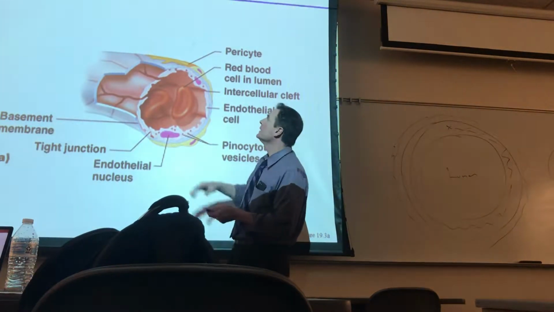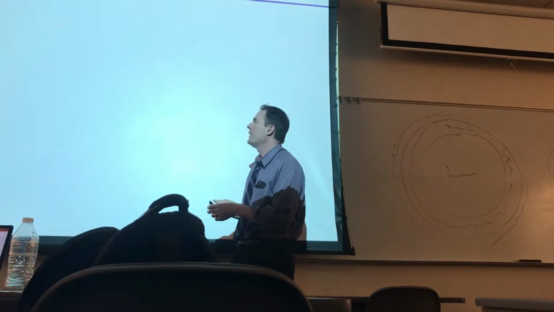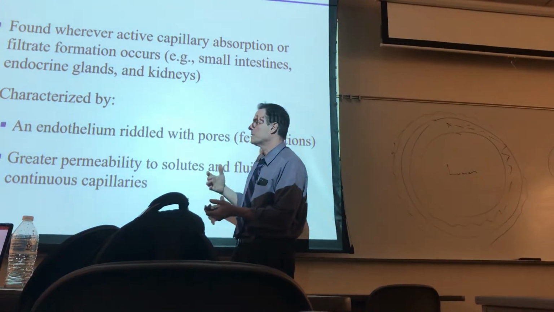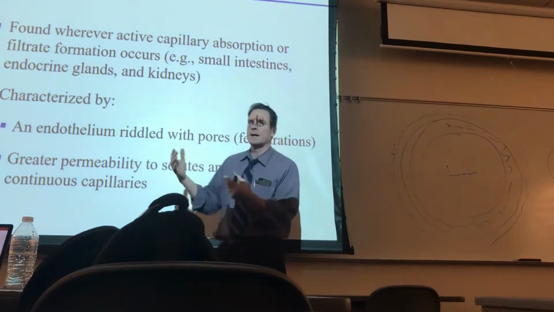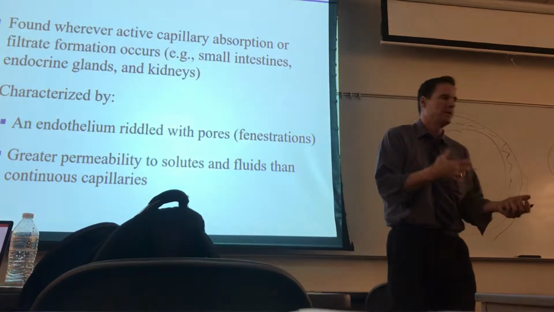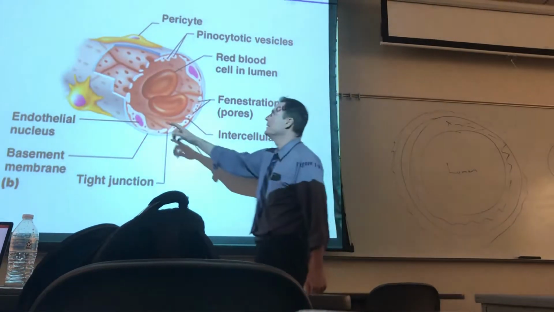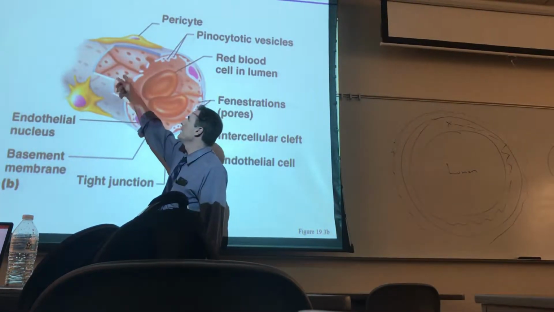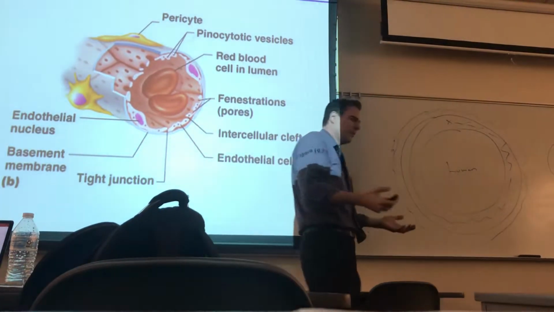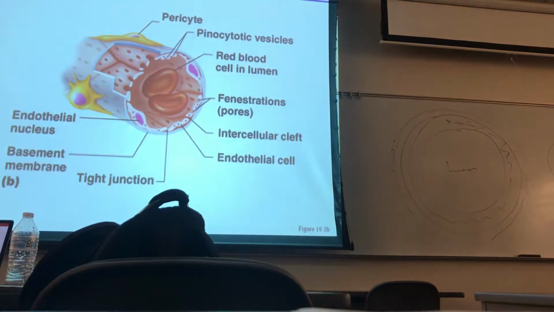And then this is a continuous one, so we don't see too much, but the fenestrated ones are going to be where we need larger, more permeability, because larger things like proteins or hormones getting in or out of the blood supply can't squeeze between the tight junctions. So we have these holes, windows, fenetra, so they're fenestrated. That's going to allow lots of hormones or proteins or bigger molecules to get in and out easier.